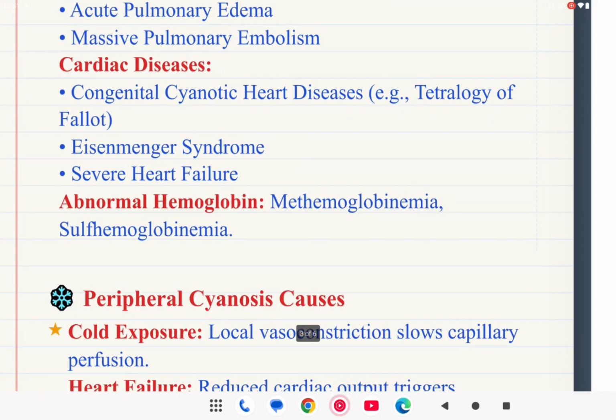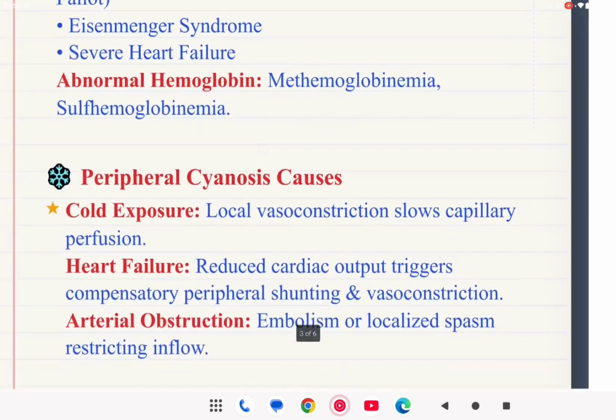Then we have abnormal hemoglobin like methemoglobinemia and sulfohemoglobinemia, which we already discussed previously.